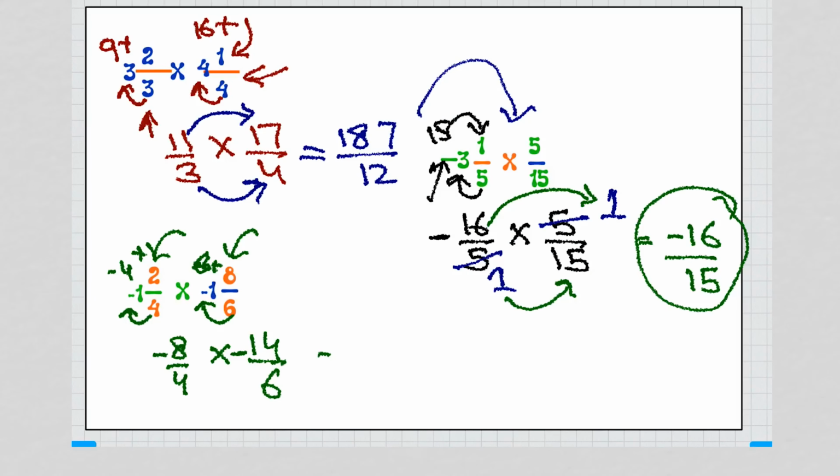So what happens in this one? See, 8, 4, 14 and 6, they all go in the table of 2 anyway, but we can use the other method as well. It's up to you, whichever way you want to do it.